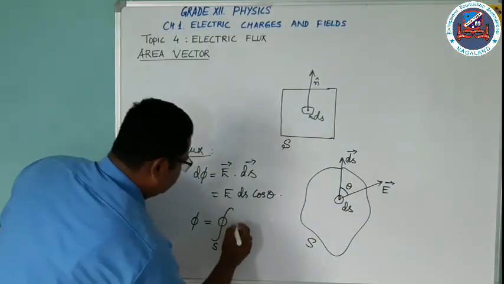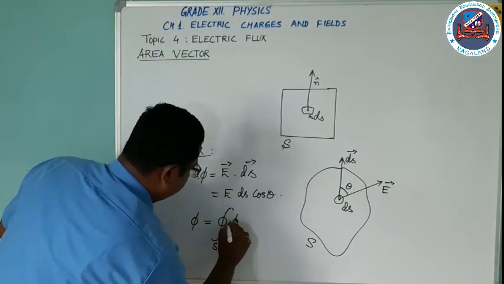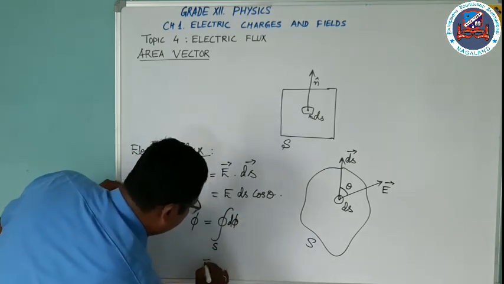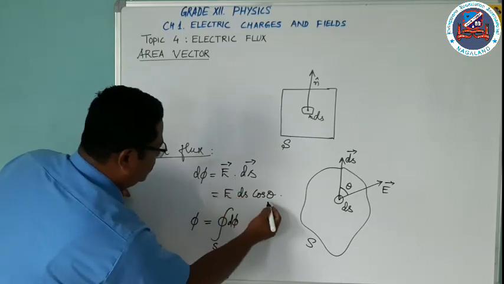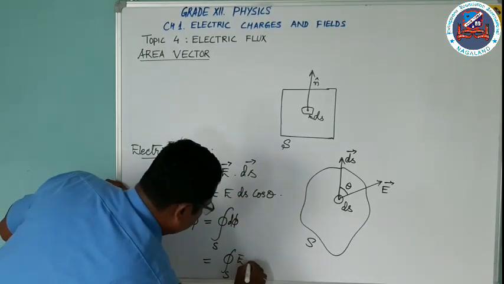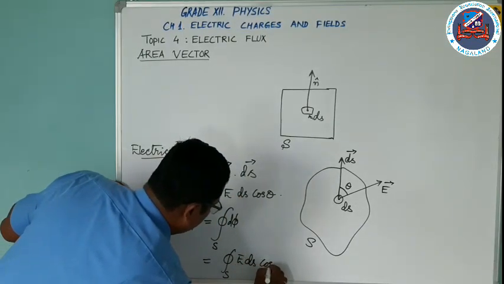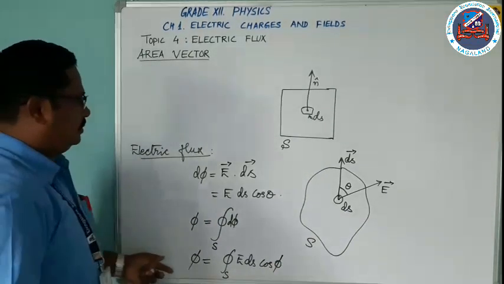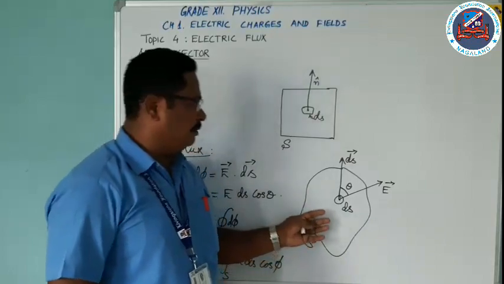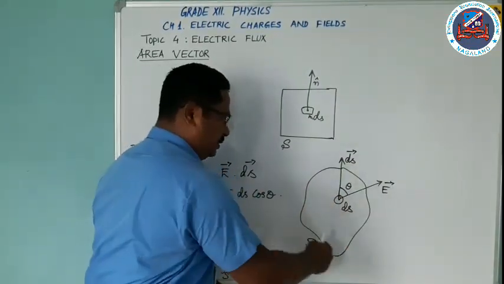So we are summing d phi, which is E ds cos theta. This will represent the total flux, or total number of field lines passing through the whole surface.